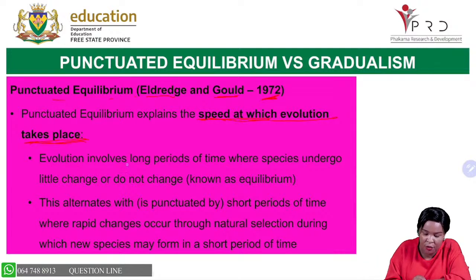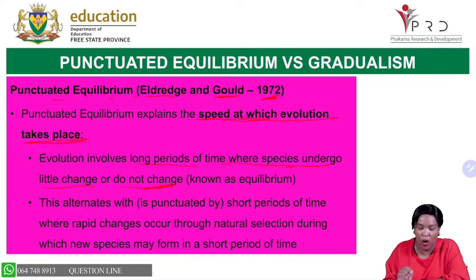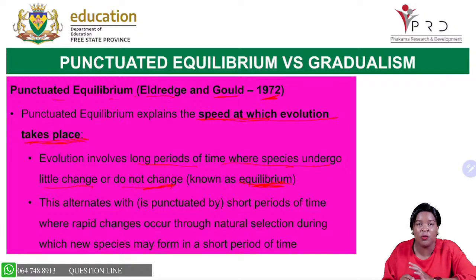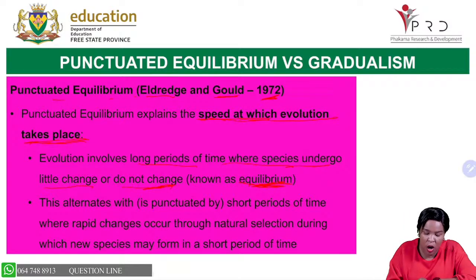And this speed involves long periods of time where the species undergo little or no change at all. And that will be the equilibrium, from the punctuated equilibrium. So the equilibrium stage is where there is no change or just a little change. Then it alternates with, or it is punctuated by, short periods of time where rapid changes occur through natural selection.